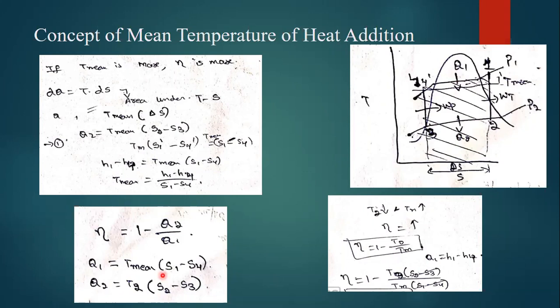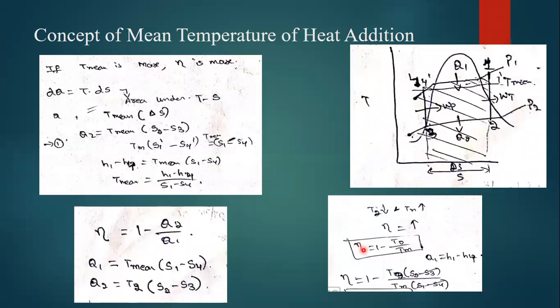This is for heat addition and this is for heat rejection. Now, if T2 is going to decrease, definitely T mean has to increase. We need to prove that equation. T2 decreases, T mean increases, which means automatically this efficiency is going to increase.